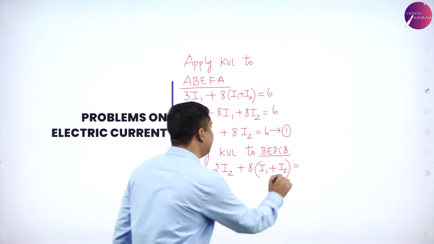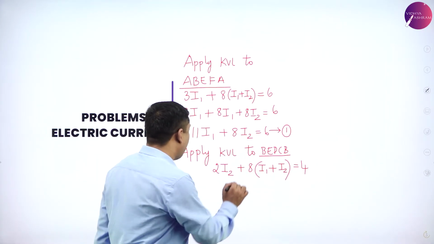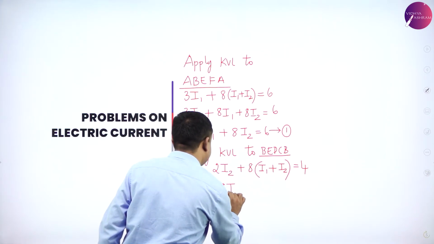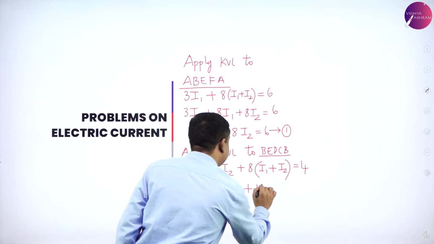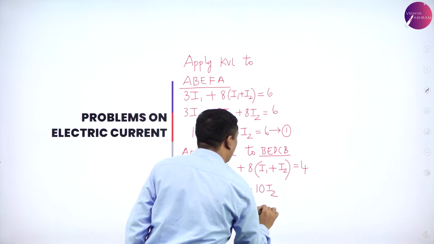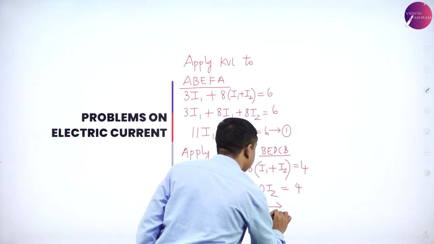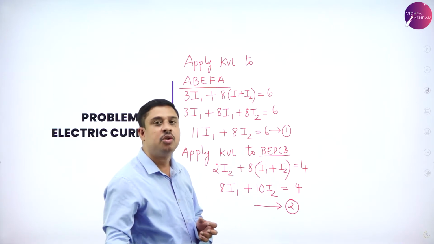So EMF is positive. So on simplification, this is 8 times I1 plus 10 times I2 is equal to 4. I call this equation 2.